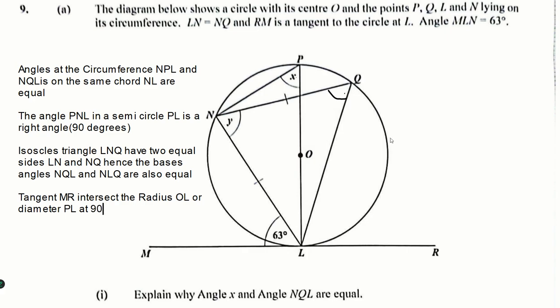Anything else? Well, we know the angles in triangle PNL add up to 180 degrees. Okay, these are your explanations.